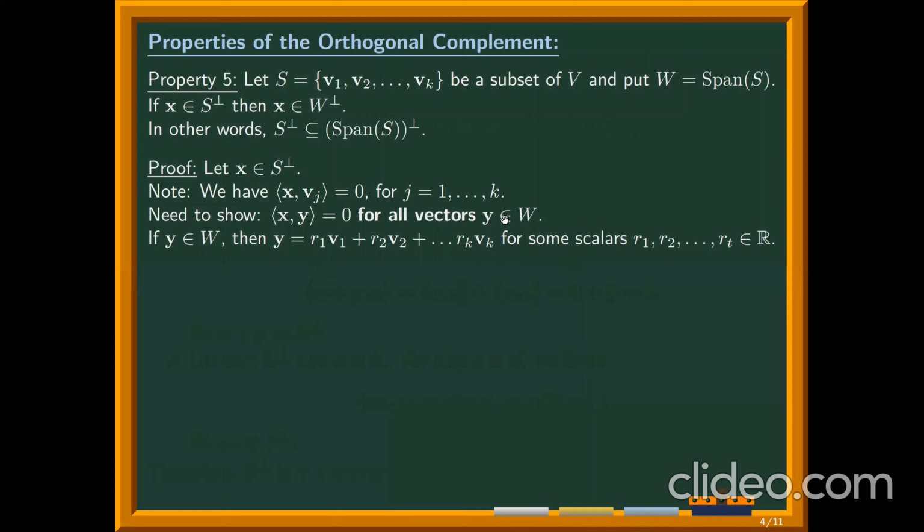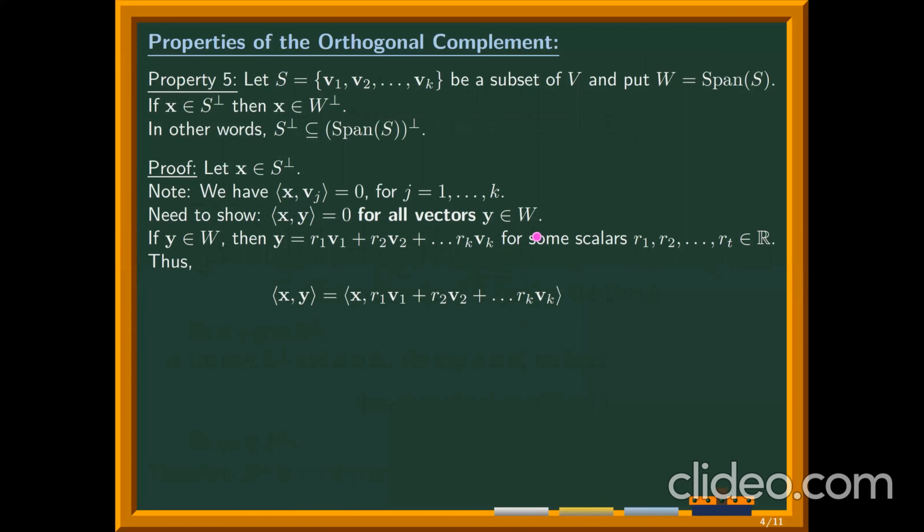So why is that true? Indeed, if we take an element Y in W, because W is the span of S, Y is a linear combination of elements from S. So we can write Y as R1V1 plus R2V2 and so on down to RKVK, where R1, R2 up to RK are scalars.